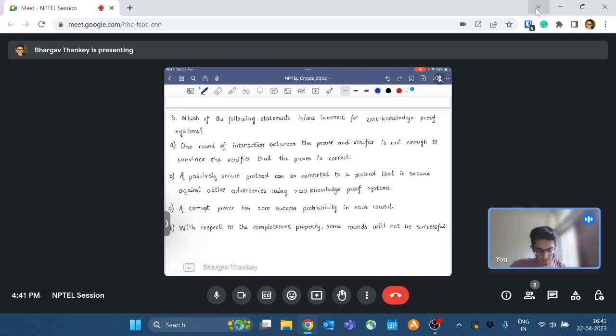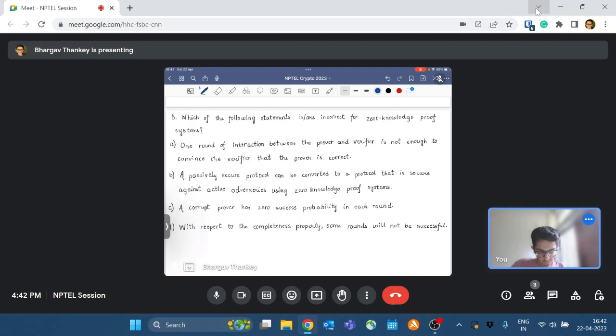The next problem is: which of the following statements is or are incorrect for zero knowledge proof systems? Option A: one round of interaction between the prover and the verifier is not enough to convince the verifier that the prover is correct.